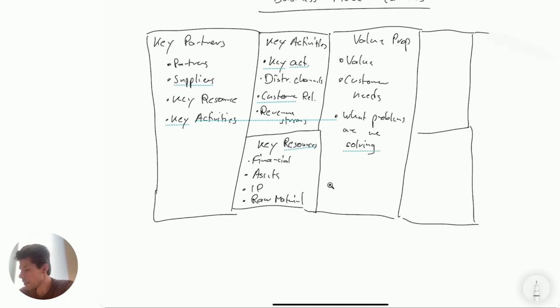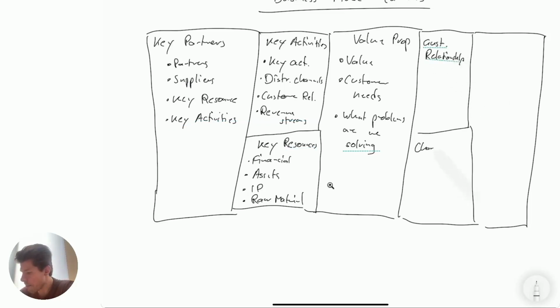Then the next one, running out of space a little bit, is customer relationships and channels. So customer relationship is what type of relationship does each of our customer segments expect? Which ones have we established? How integrated are these with the rest of our business model? Is it self-service? Is it communities, co-creation?